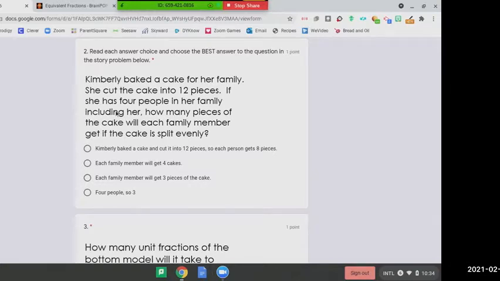If she has 4 people in her family, including her, how many pieces of the cake will each family member get if the cake is split evenly? So there are 12 pieces, and there are 4 people in her family, including her. So that means I can count by fours until I get to 12. 4, 8, 12. I counted 3 times. So each family member would get 3 pieces of the cake.